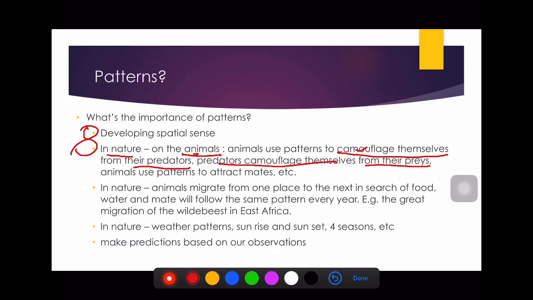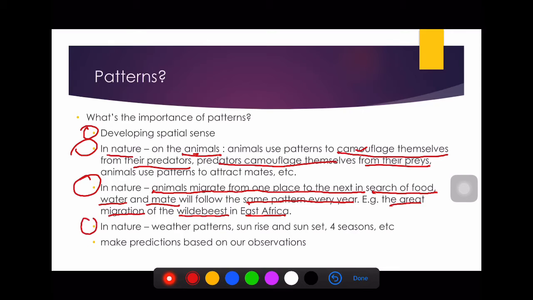Now, another importance of patterns in nature is that there is a pattern where animals migrate from one place to the next in search of food, water, and also mates. And they will follow the same pattern year after year. For example, the great migration of wildebeest in East Africa.